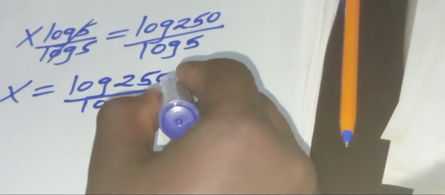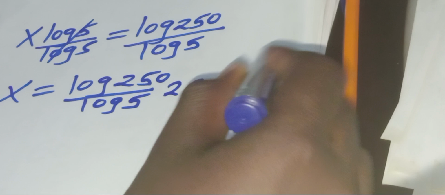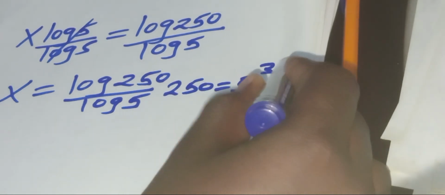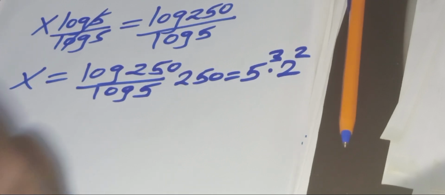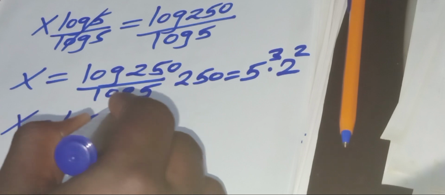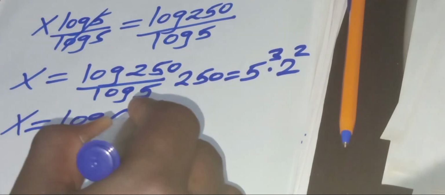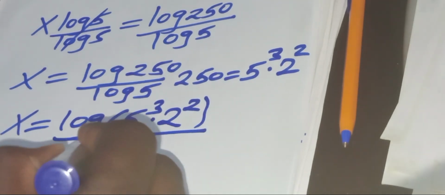We can express 250 as 5 to the power 3 multiplied by 2 to the power 2. Now substituting this, we'll have x as log 5 to the power 3 multiplied by 2 to the power 2, divided by log 5.